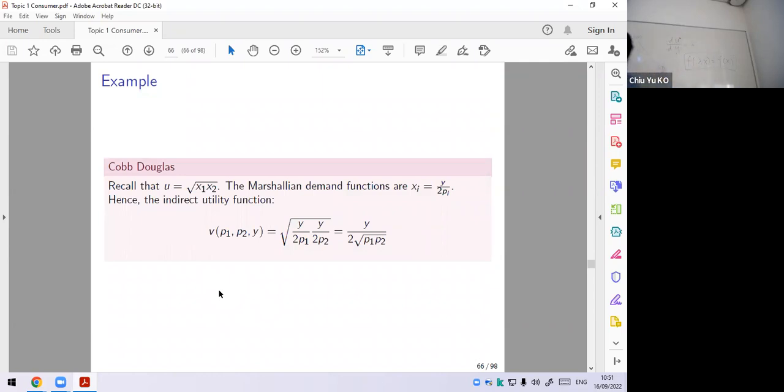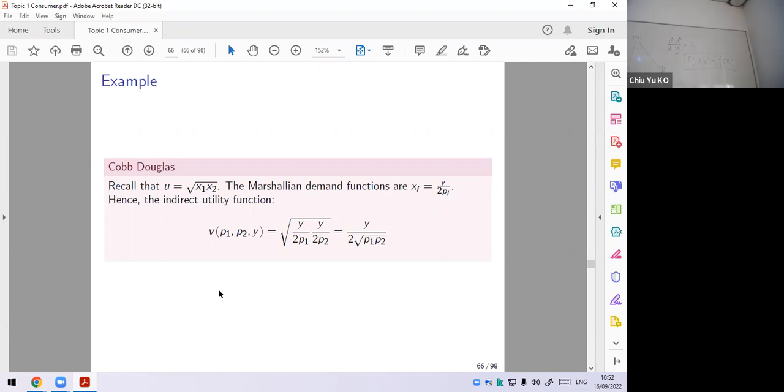So very quickly, we derive our function here. We will do something like this in the assignment. I'll give it to you later today. The assignment will be put on the blackboard. So if the utility is here, your Marshallian demand is here. So the indirect utility is very simple. Just put it inside, and you're done.